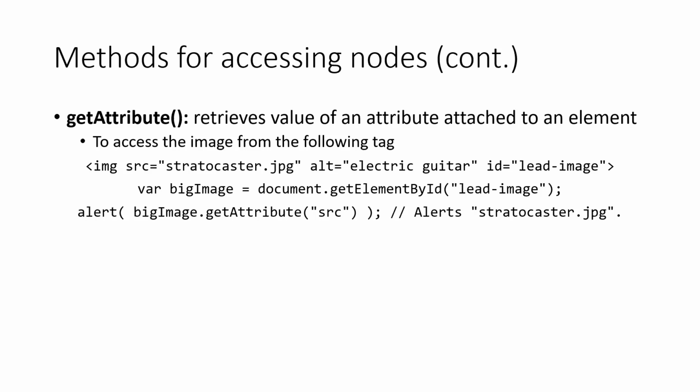Let's say I want to access the file name. To access the file name, we use getAttribute and we say src, which will give us the name of the graphic file. So these are some of the ways that we can access what we call DOM nodes.